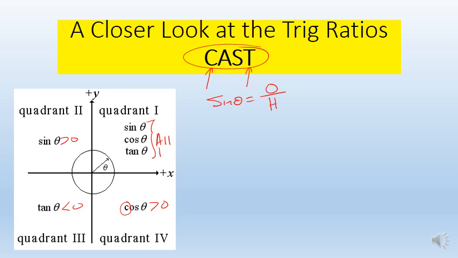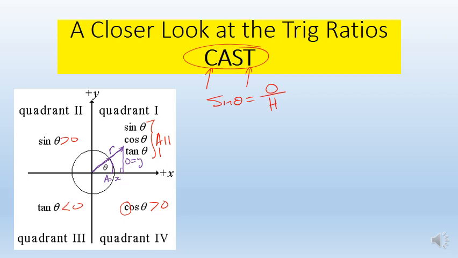So if I had to create a little triangle out here, let's leave the angle theta there, just like that. So that's my angle theta. Then the opposite side is nothing more than the side y, and the adjacent side is x, and let's call the hypotenuse r.